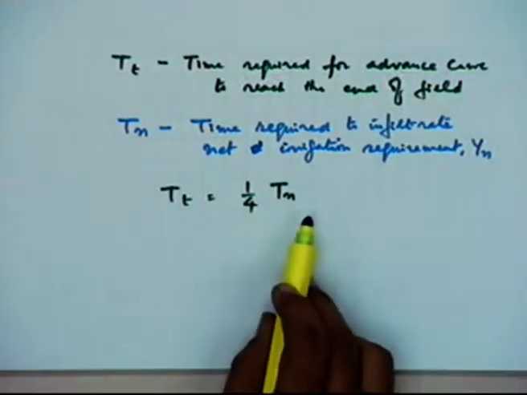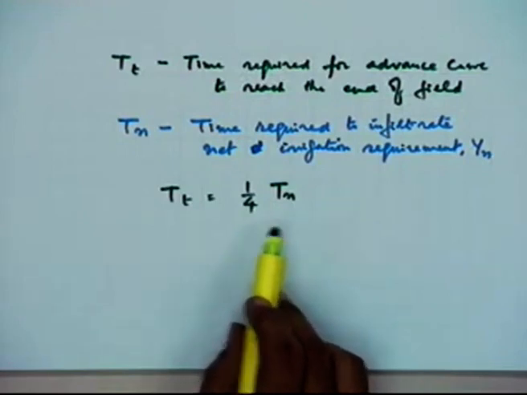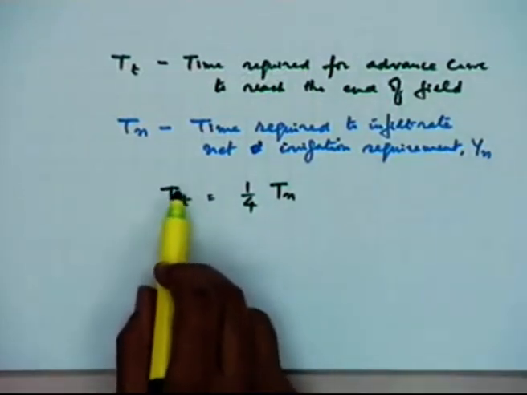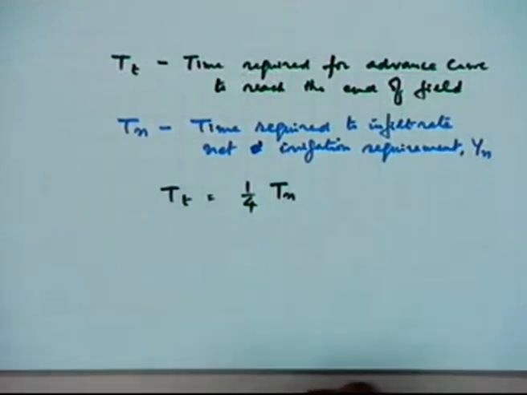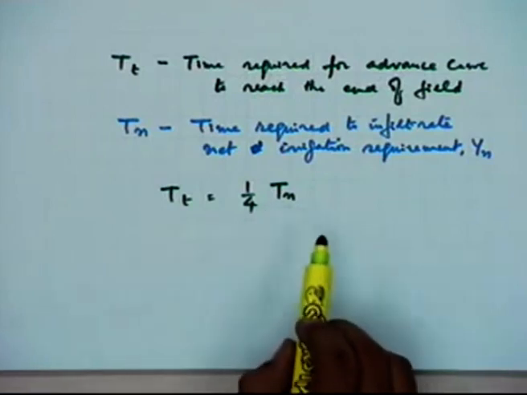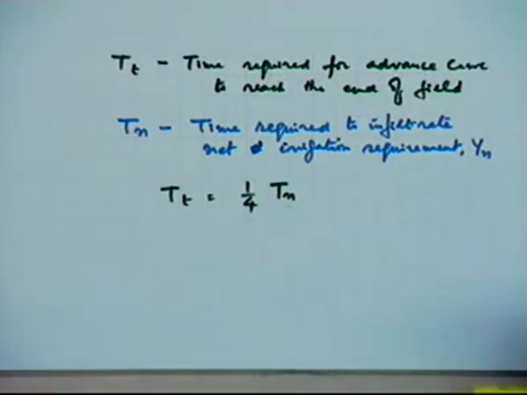If we make that assumption, there can be various cases. It depends on the characteristics of the soil and on the length of the field, because the movement is a function of how much water is infiltrating into the soil as the water moves in the forward direction, and is also a function of the length of the field. So, this is only one possibility. There can be many possibilities depending on how you have fixed the other parameters.